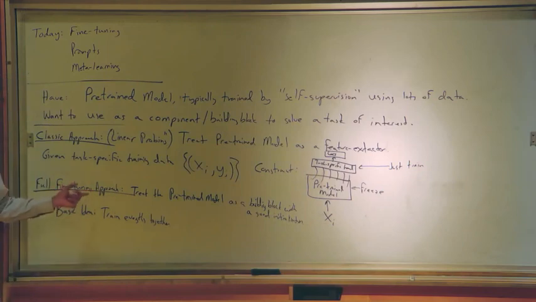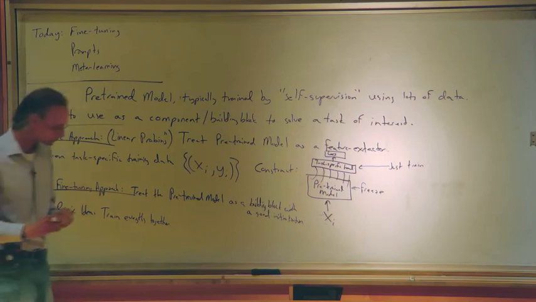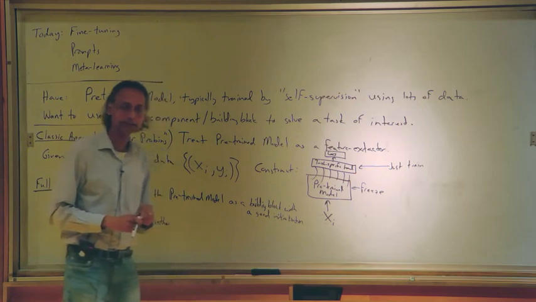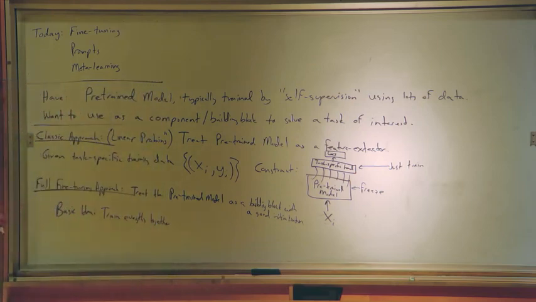You might not have enough on your machine to actually train all this. In those cases, if you cannot do the second approach at all, you feel like you're just stuck doing this. People have found for many tasks, the performance advantage of doing full fine-tuning is quite substantial. In many tasks where you measure accuracy in percentages, it's going to be tens of percent better than this. So it's quite a big advantage to be able to do this.